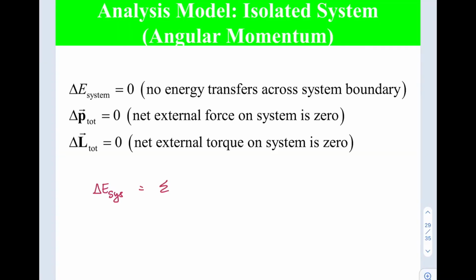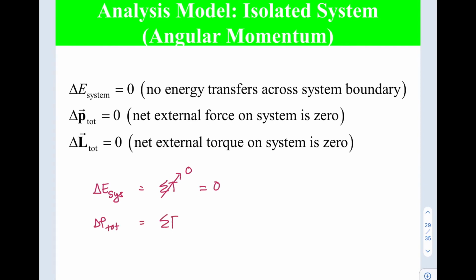Because originally we have the sum of transfer. Still remember this? So if we want this to be 0, this one must be 0.